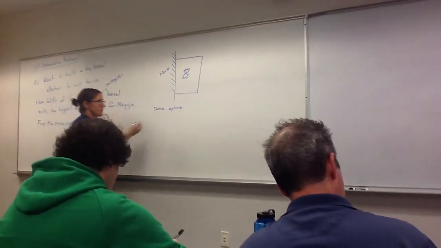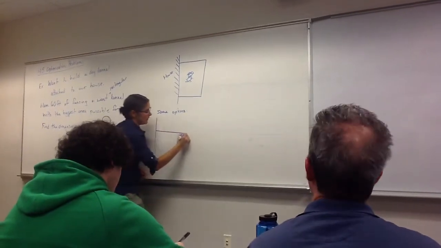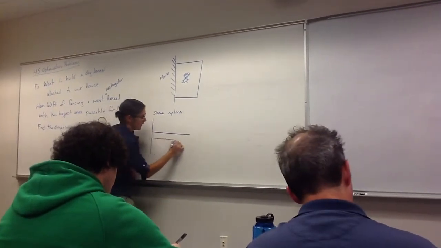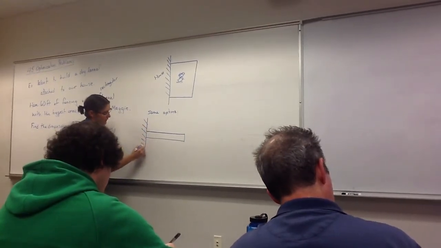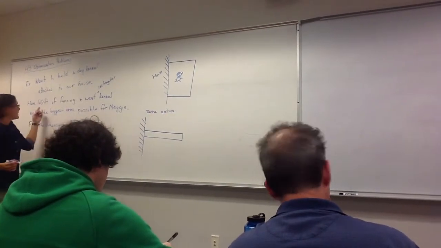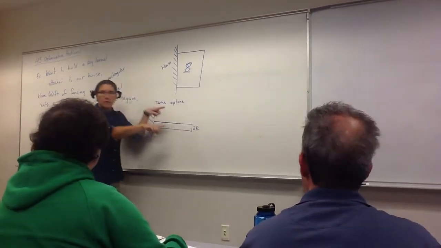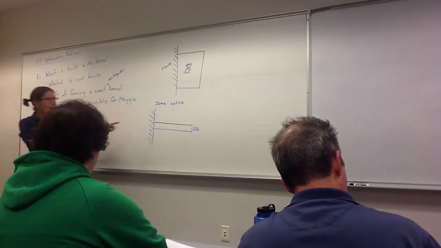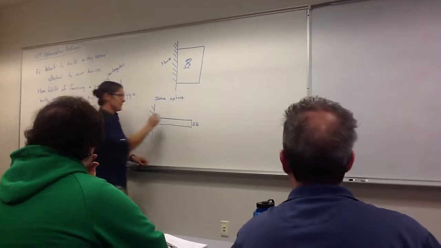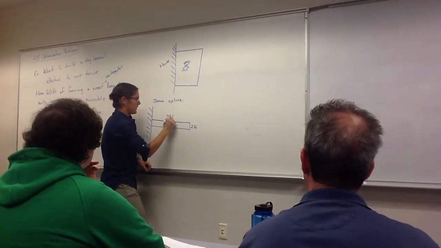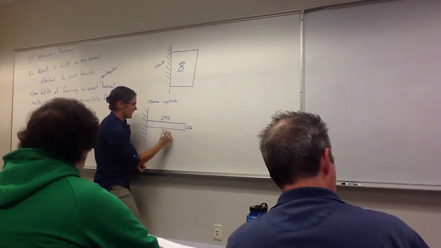Well, one thing I could do is I could be a little bit silly, and I could make this kennel very long. And here's my house still over here on the left side. And I have 60 feet of fencing, so I could make the kennel 2 feet wide, and then I'd have 58 feet left, and so that would mean that I would have, I think, 29 feet on each side of the kennel.